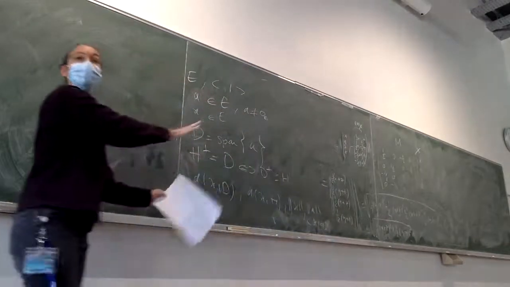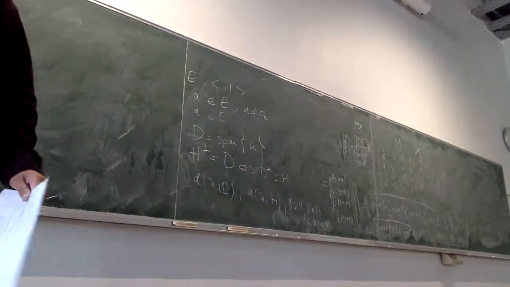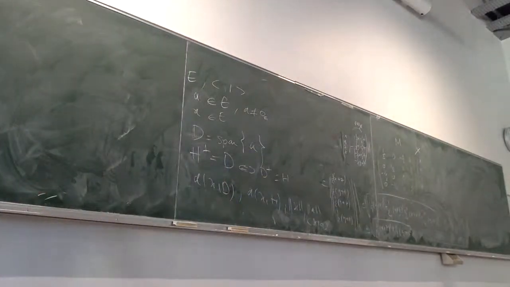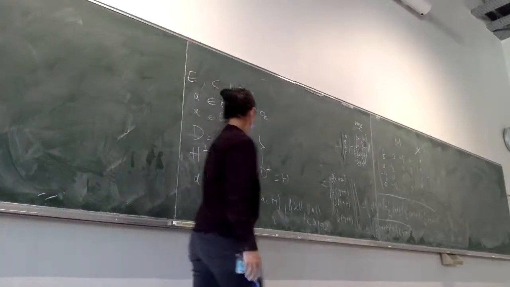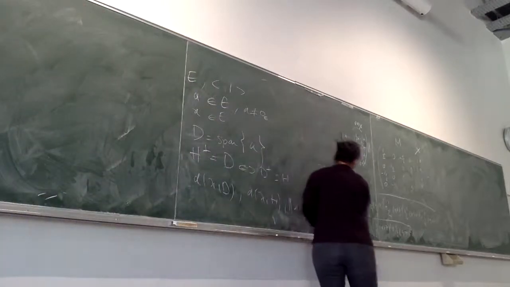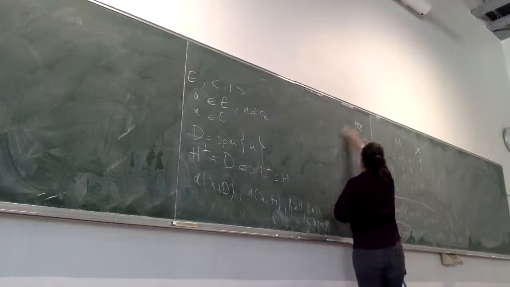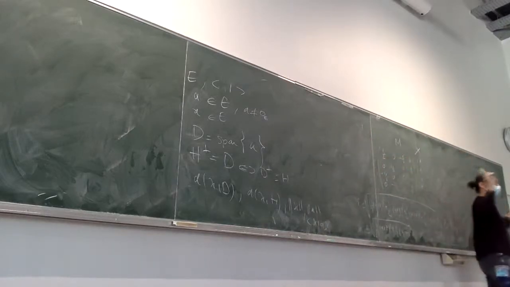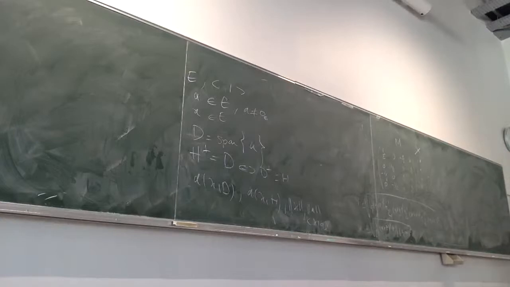It's exactly what we've done, it's just what do you get in general. You can picture this in R3, that helps you. In R3, D is just a line of direction A, and H is its orthogonal complement.